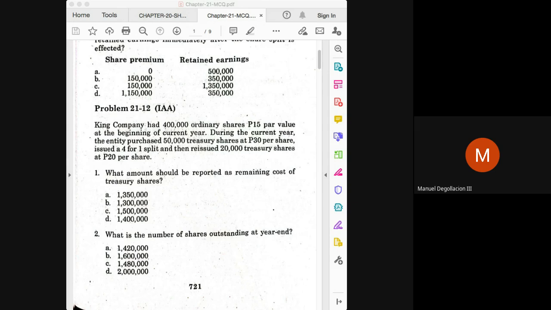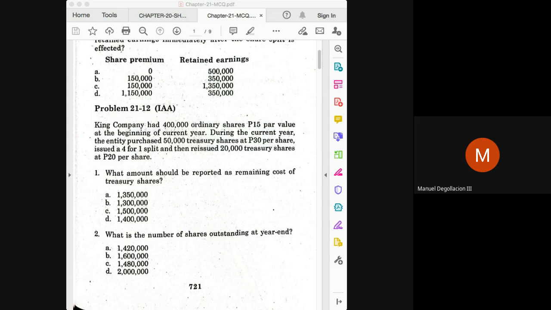So they would think that the remaining treasury shares is 120,000. Why? Because they applied the stock split after deducting the 20,000 reissued treasury shares. But that's wrong because the reissuance happens after the stock split. So you multiply the 50,000 by 4 first before deducting 20,000.